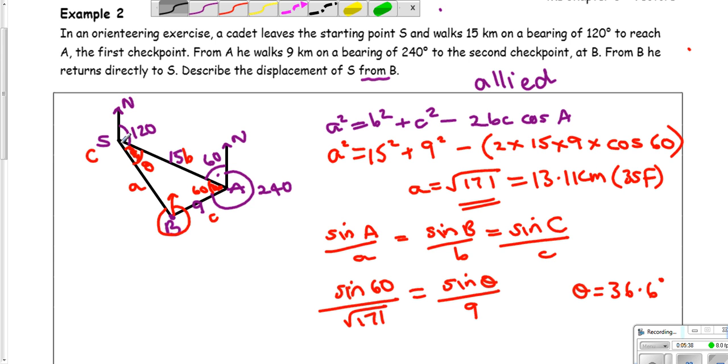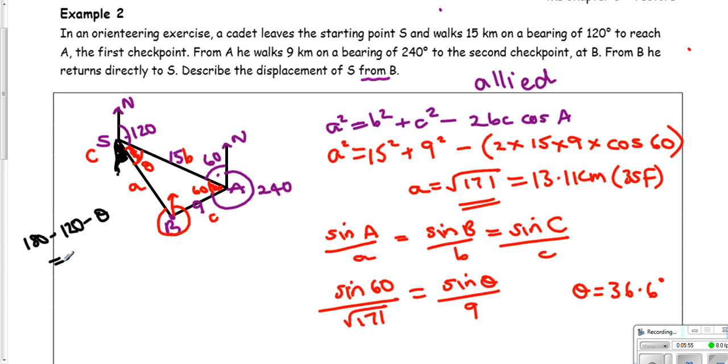Now, if I just do a bit of a dotted line coming down here, that would help. This angle here, if that was a straight line going down, would be 180 minus 120 minus the theta that we've just worked out. So this small angle here at the bottom, if you work that out, 180 minus 120 minus theta, that works out to be 23.4.